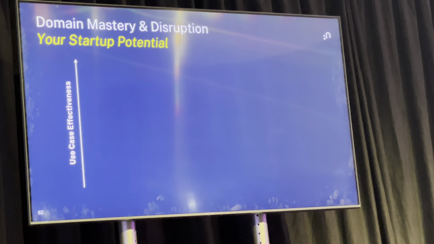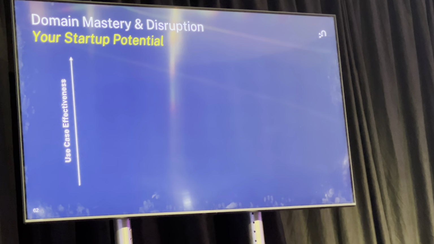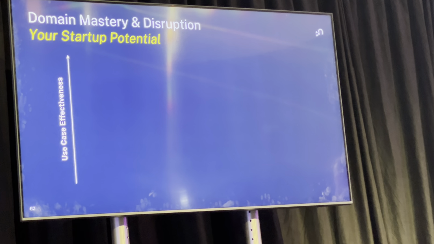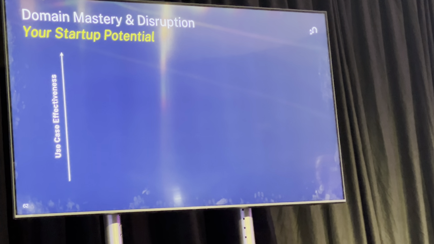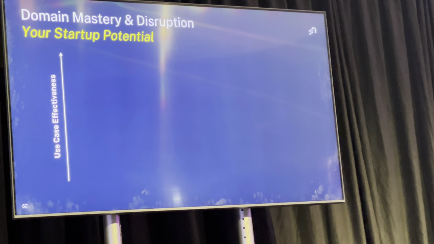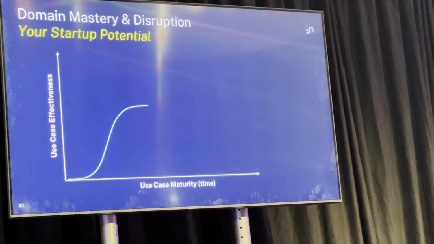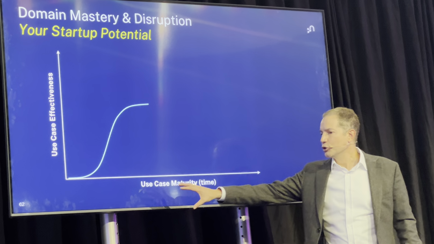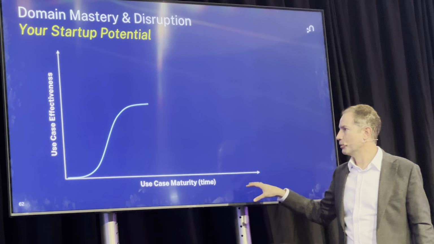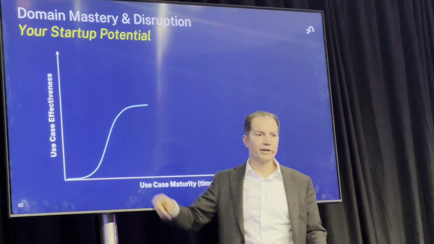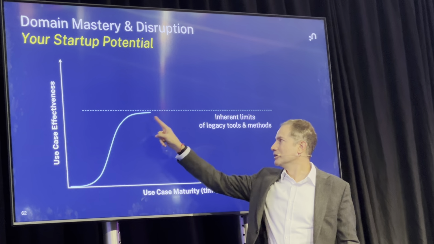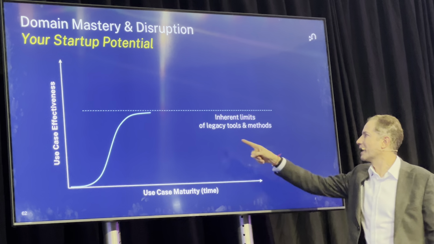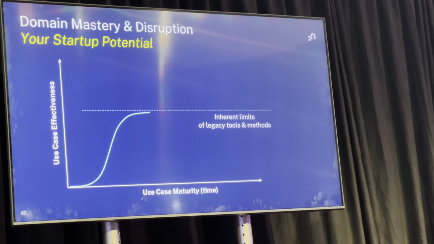Oh, before I get into that, one last generalization. So your startup potential, coming back to what are we all doing here and how do you succeed, is there's an opportunity for domain mastery and disruption, where as the world grows more mature and more competent at handling different kinds of use cases, there are many, many use cases that already exist where we're at the inherent limits of what legacy technology can do.